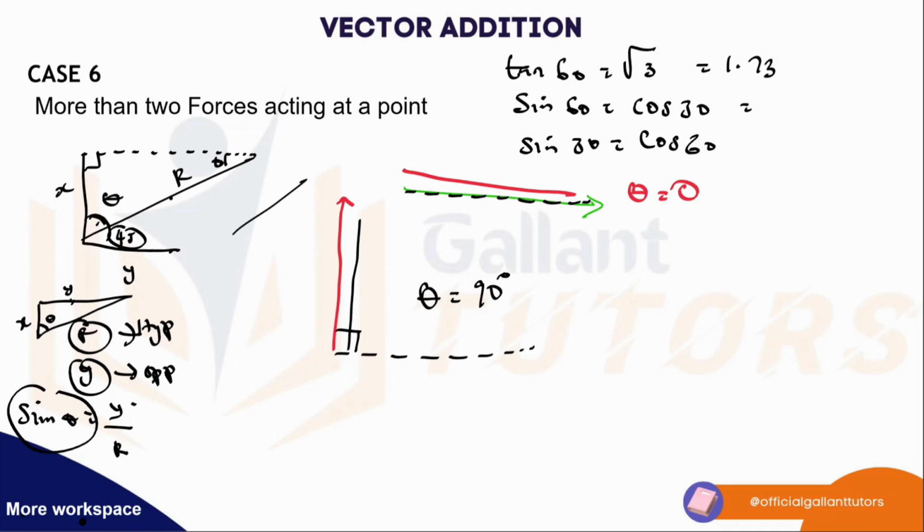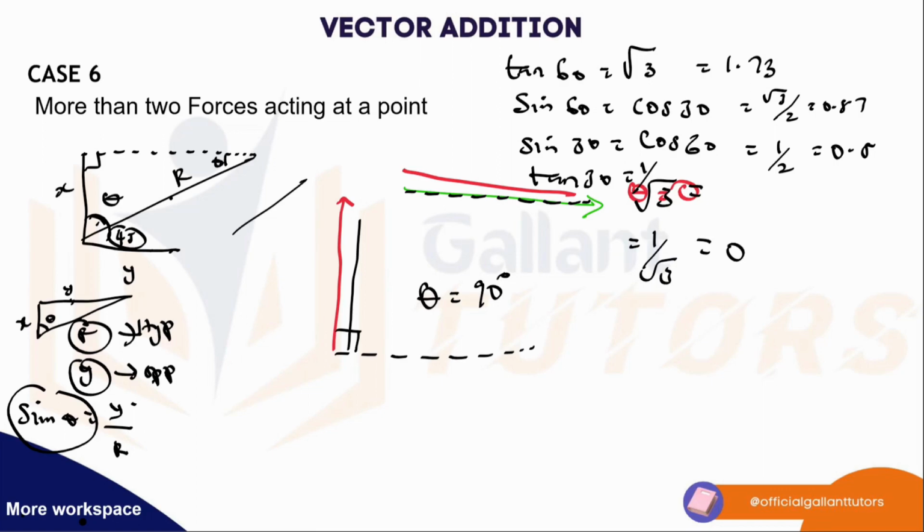So sine 60 is root 3 over 2, which is 0.87, while cos 60 or sine 30 is 1 over 2, or 0.5. And lastly, tan 30 is equal to 1 over root 3, which is 0.58. Is this clear? I hope it's very clear.